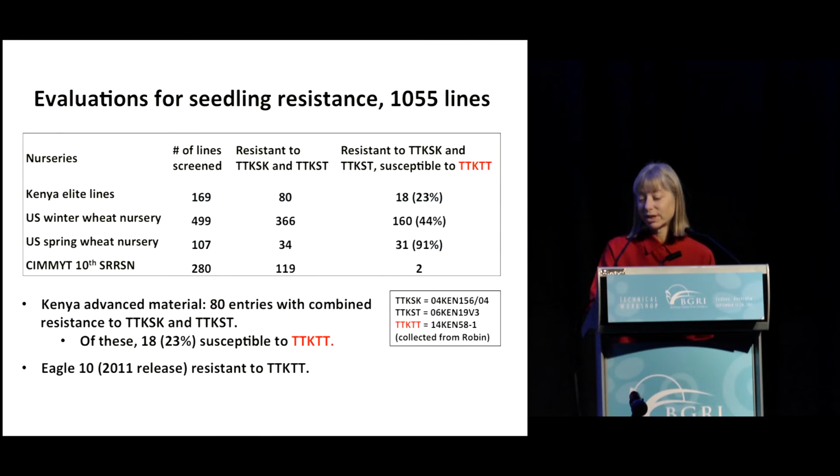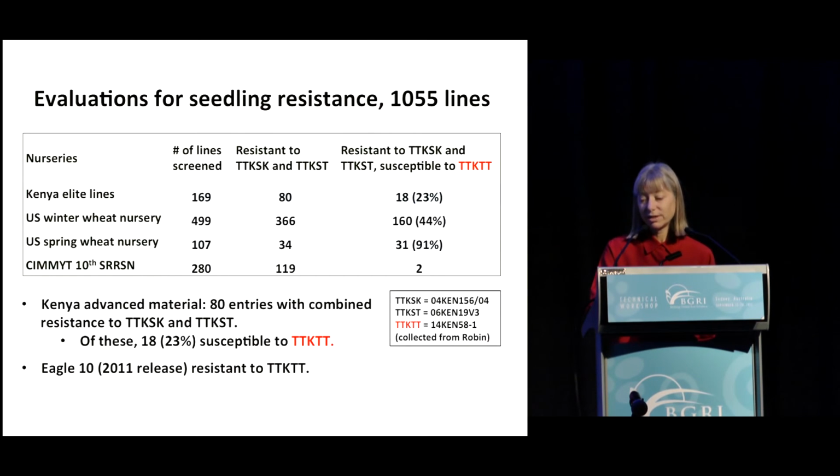So for example, the Kenya Advanced Material had 80 entries with combined resistance to TTKSK and TTKST, and of these, only 18, or 23%, so not only, I should say, 18 or 23% were susceptible to TTKTT.